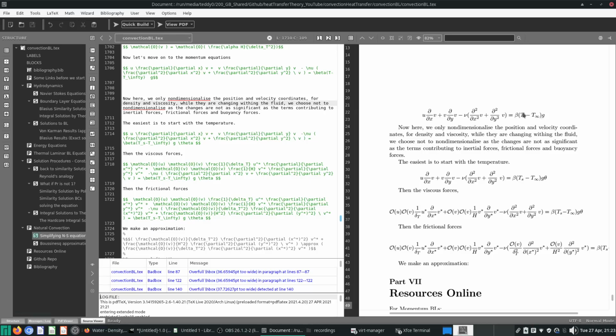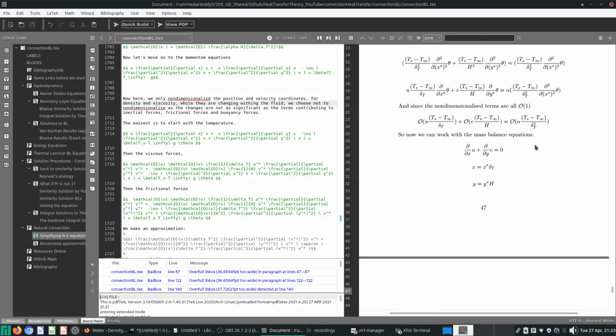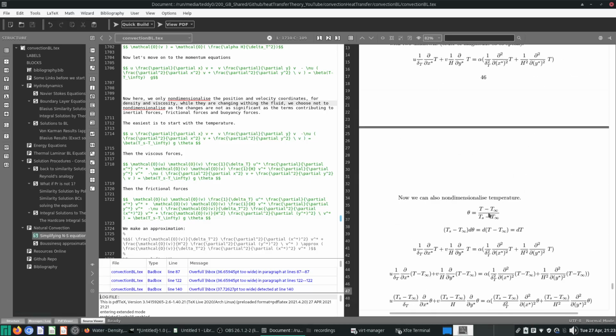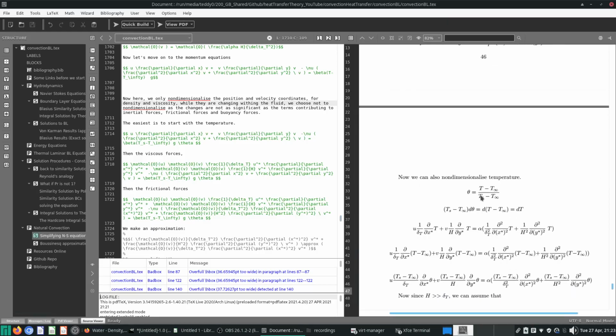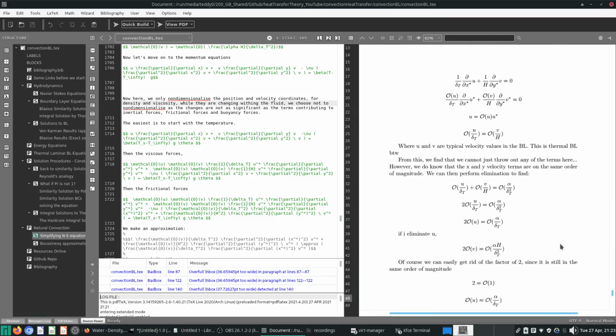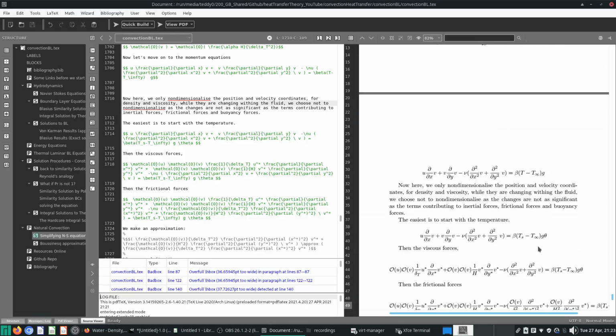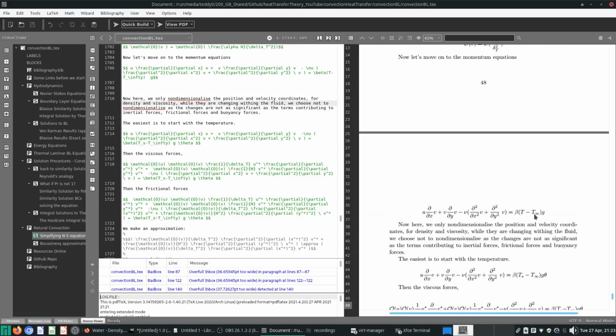This T will also need to be non-dimensionalized. We will need to use Ts minus T infinity. Remember, we have a non-dimensional temperature we define over here. We shall use this as well to non-dimensionalize the temperature term on the right hand side.